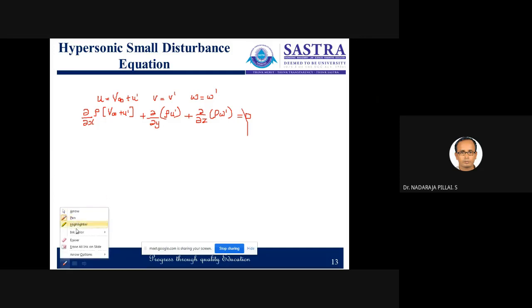Similarly, we have made the other equations. We have the x momentum equation, y momentum equation, and z momentum equation. I will write only the x momentum equation here.